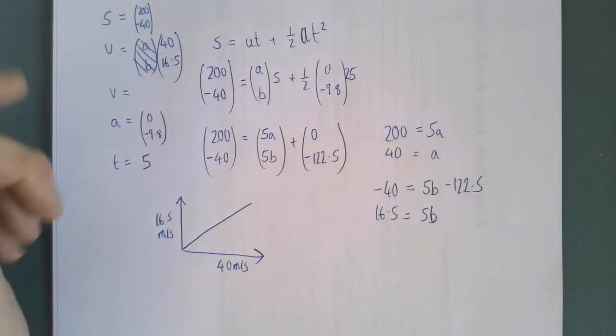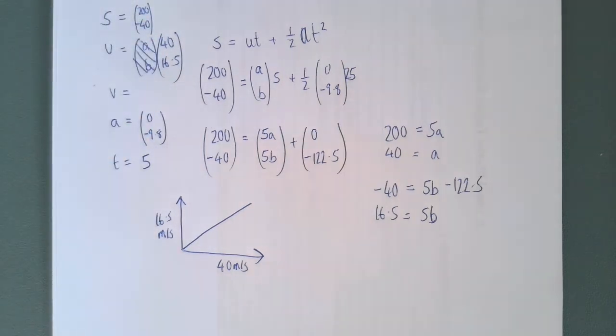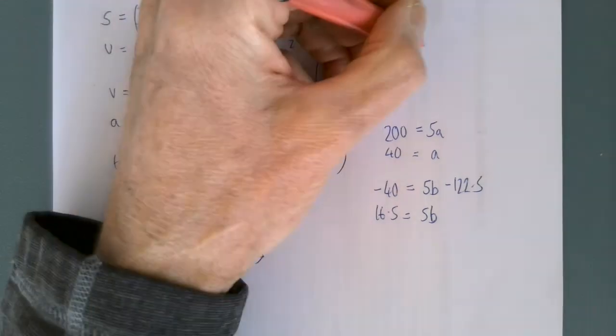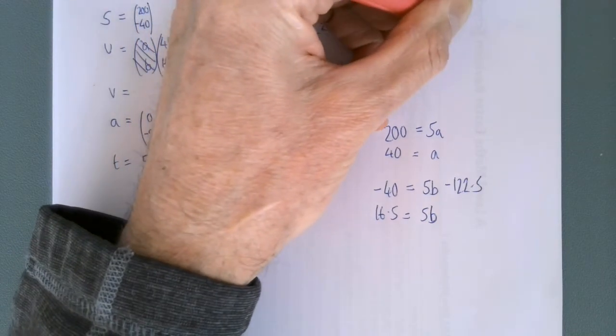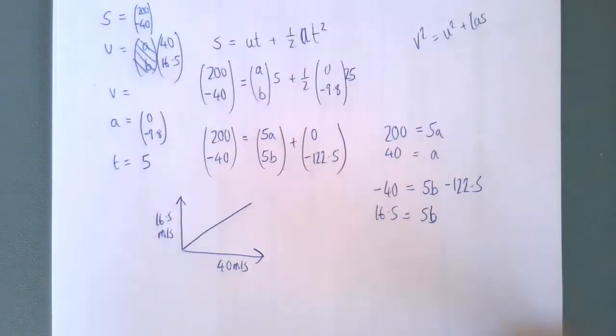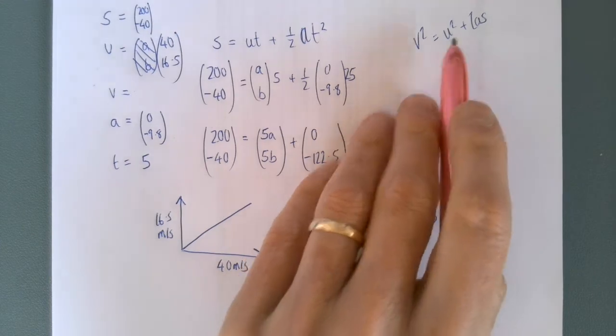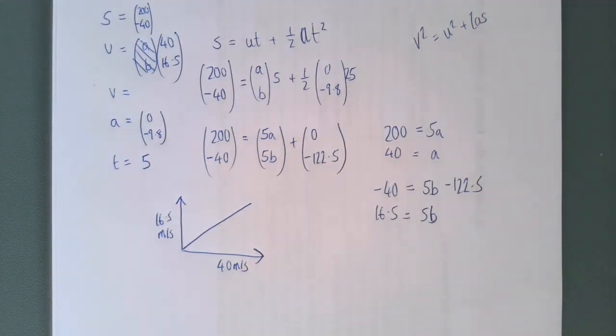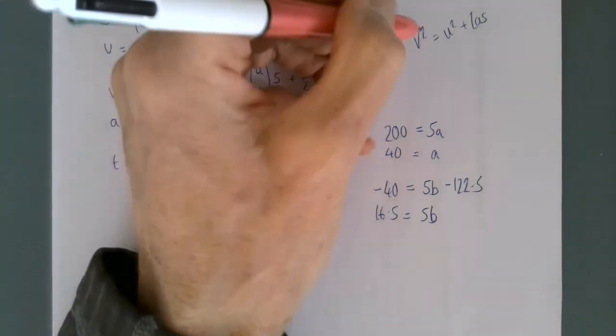So I can pretty much use any equation because I've got them all here. One thing, v squared equals u squared plus 2as, which we hardly ever use anyway, we don't use with vector form because squaring vectors is a bit of a funny one. So I wouldn't use that anyway.